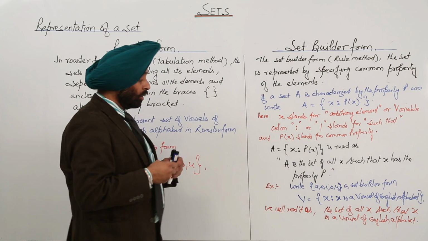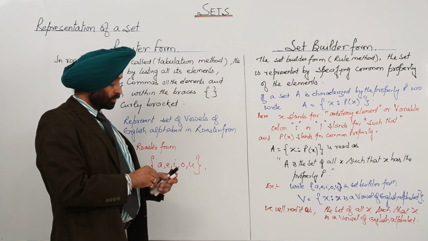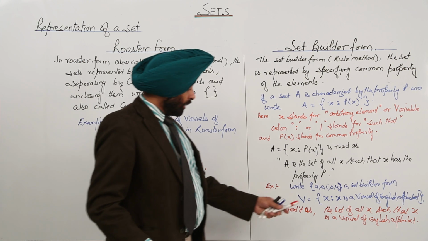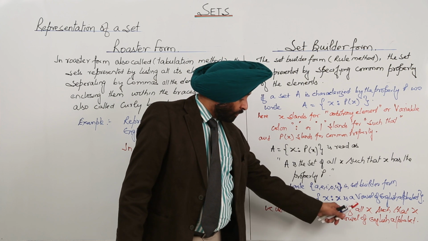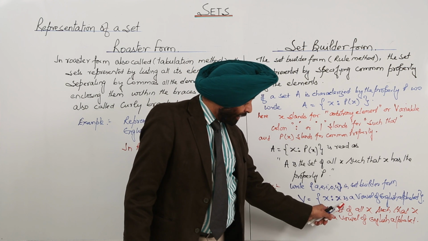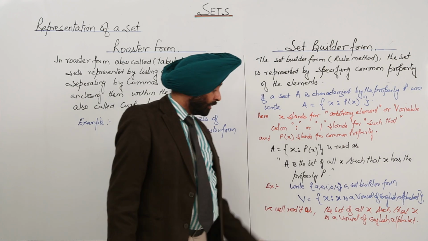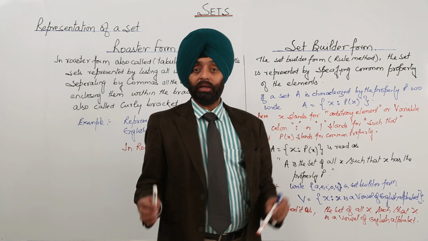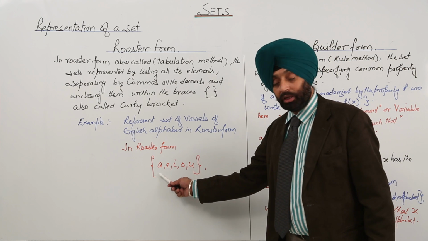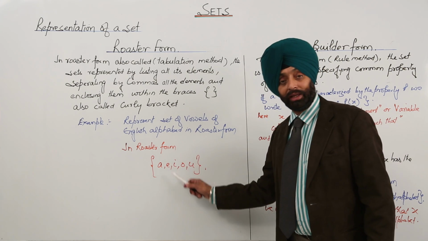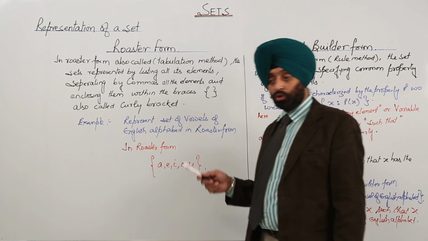Okay. Now once again going for the example part. The set of all x such that x is a vowel of the English alphabet. Now what does x mean here? Here x means any of the elements. x can be a, x can be e, x can be i, x can be o, x can be u.